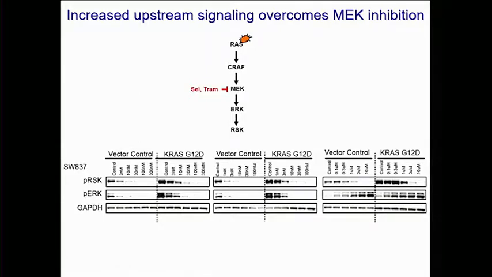And again, what we saw here is just under a 10-fold shift in the potency of selumetinib and trametinib in this KRAS model, but no shift in the ability of the ERK inhibitor to turn this pathway off. I think this supports that increased pathway activation is at least one of the mechanisms that allows MAP kinase pathway reactivation in the presence of a MEK inhibitor.